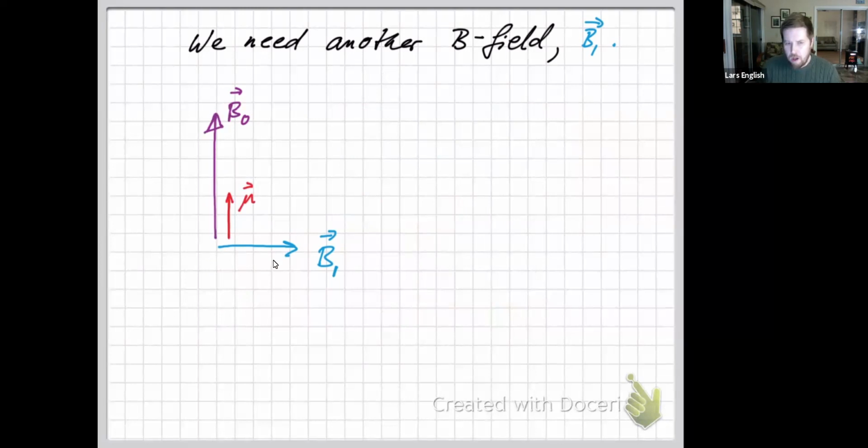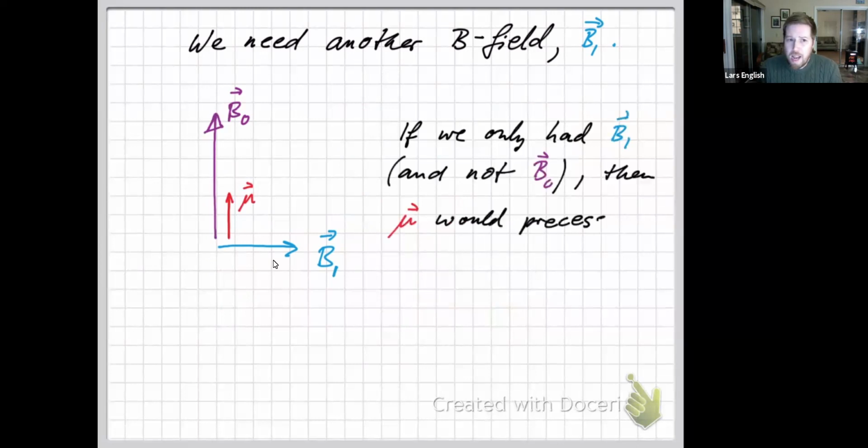Okay, so why do we need that? Well, if we only had this new field B1 and not the original field, which we call B0, in purple, then the mu would just precess about the B1 axis, just like before it was going to precess about the B0 axis. Notice that we've set it up such that B1 is already perpendicular to mu.